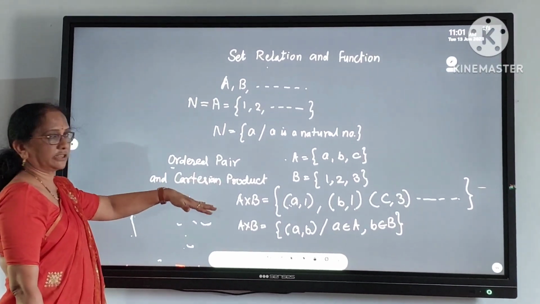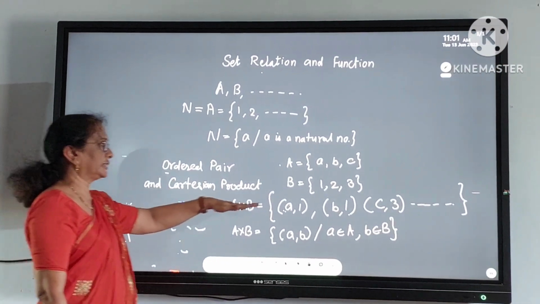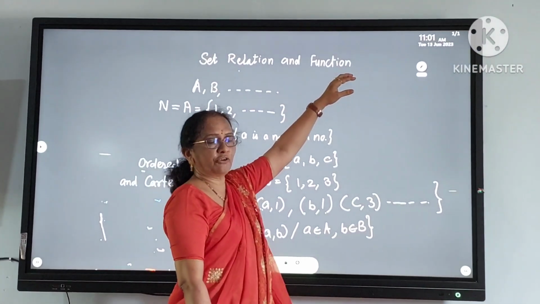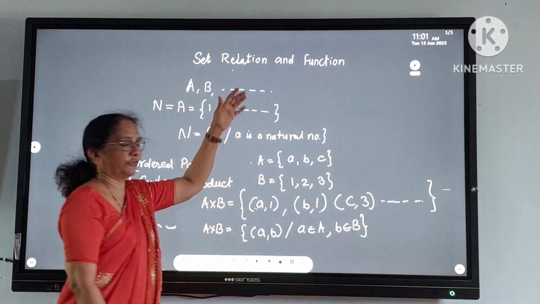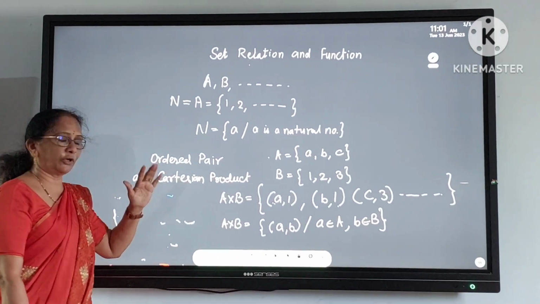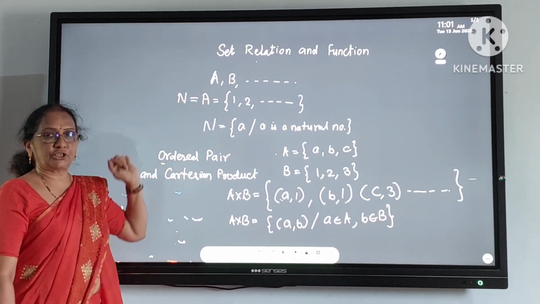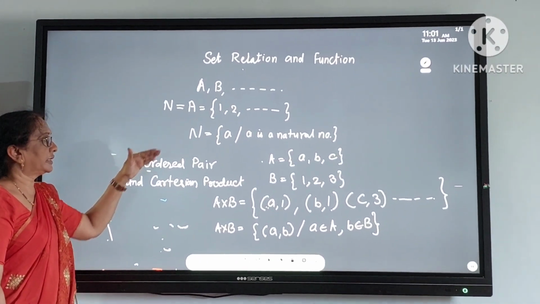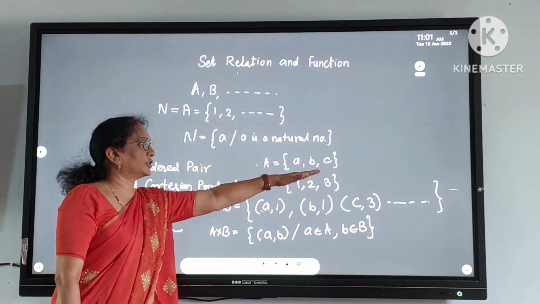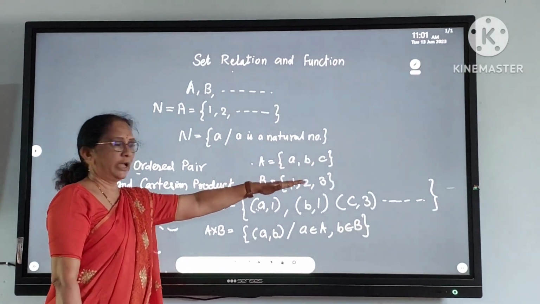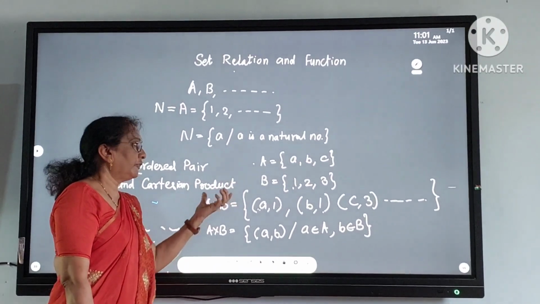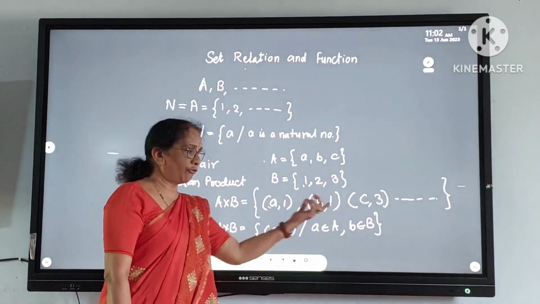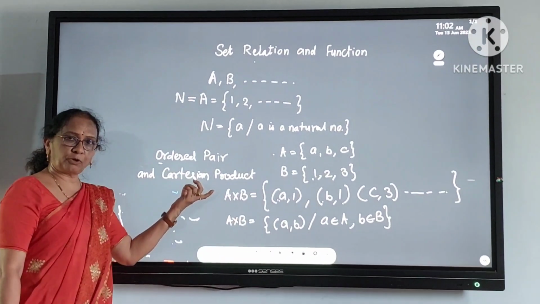Now from this Cartesian product we come to the topic of relation. From two different sets we take elements and build up ordered pairs, and the set of ordered pairs is called the Cartesian product.